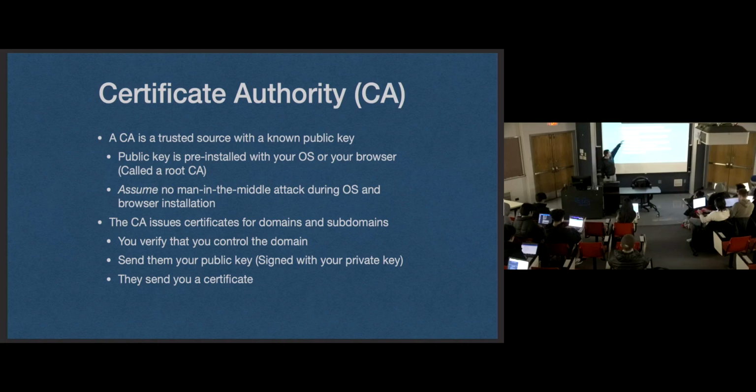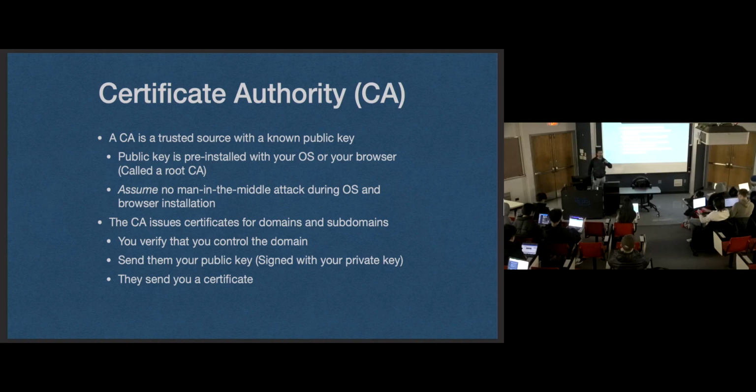So that's our root assumption for all encryption online, all privacy, everything that's encrypted online. That's our assumption. So you installed your operating system properly, or it was installed properly, that nobody compromised that process. And these certificate authorities are going to issue certificates, which are verified public keys, to domains and subdomains.